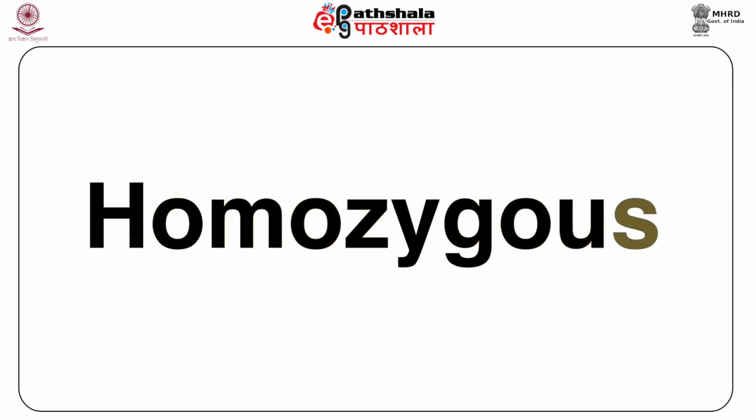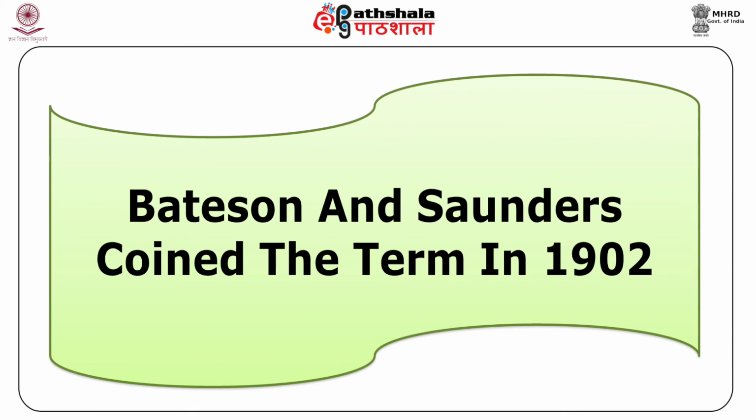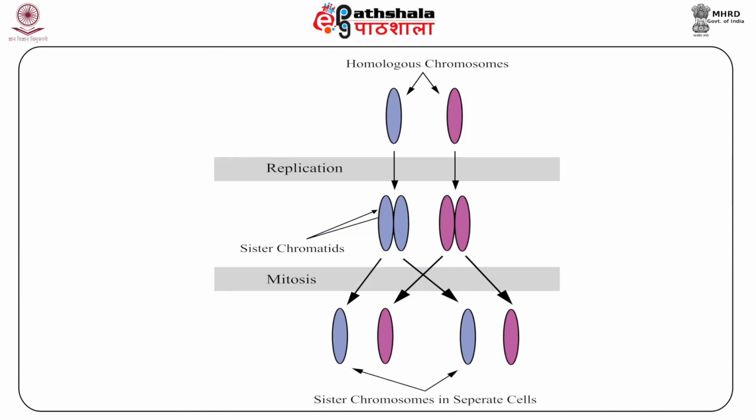Now, moving on to homozygous. Bateson and Saunders coined this term in 1902. When both the alleles in the homologous chromosomes are the same, whether dominant or recessive, then an organism is said to be homozygous for that particular trait.